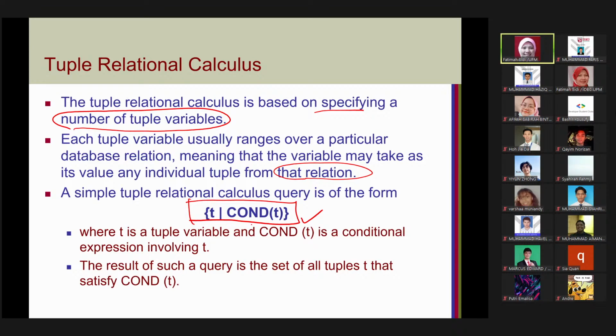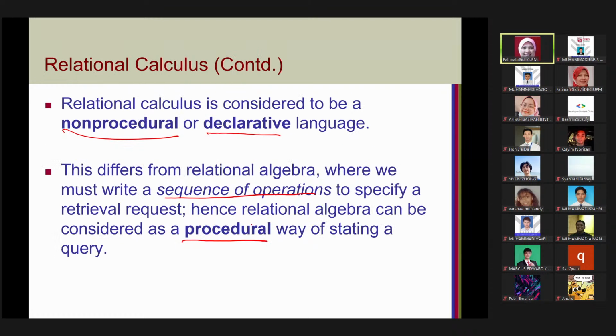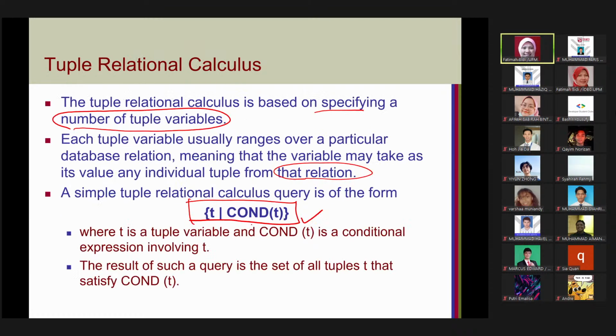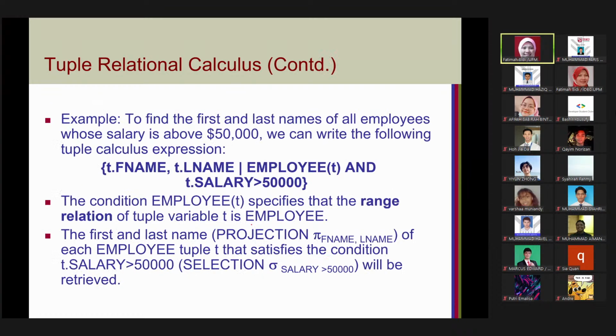It also has a condition, but when writing the condition in the relational calculus, we do not have to specify the sequence of operations. So this is an example of how to write the relational calculus.